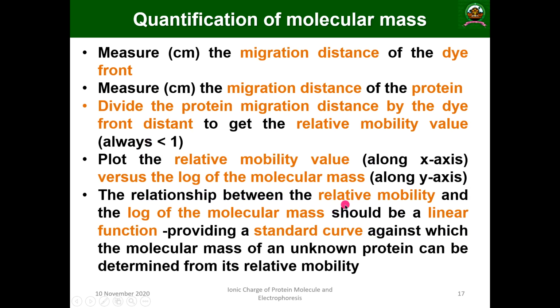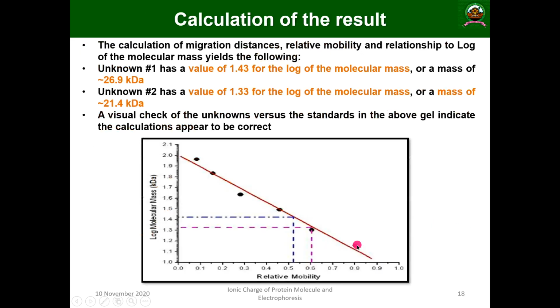The relationship between the relative mobility and the log of the molecular mass should be a linear function, providing a standard curve against which the molecular mass of an unknown protein can be determined from the relative mobility. This is what I have shown here.